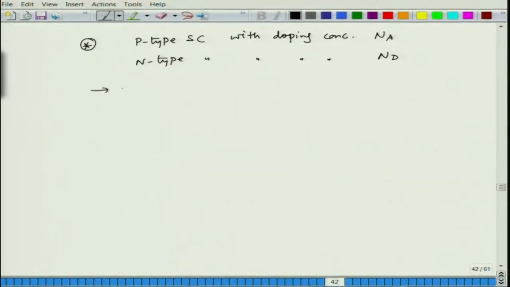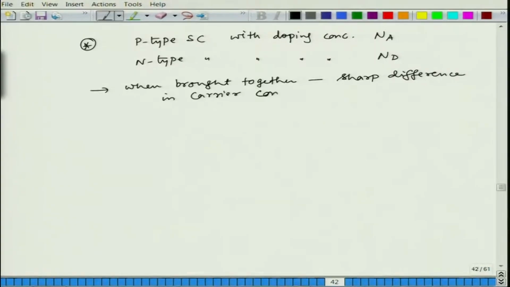So, when you bring them together, then there will be a sharp jump or sharp difference in carrier concentrations, right.